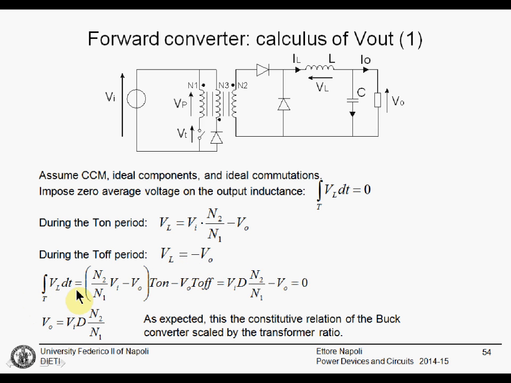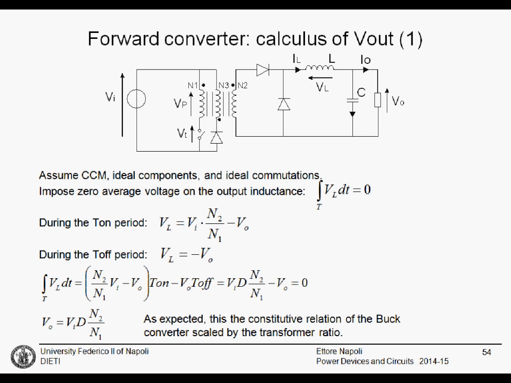The integral of VL in one period will then be N2 divided by N1 multiplied by Vi minus Vo, multiplied by T on, minus Vo multiplied by T off. Dividing by T and simplifying, we get that Vo, the output voltage, is proportional to the input voltage, proportional to the duty cycle, and proportional to the transformer ratio, N2 divided by N1.